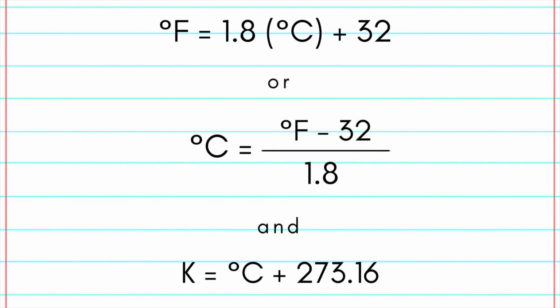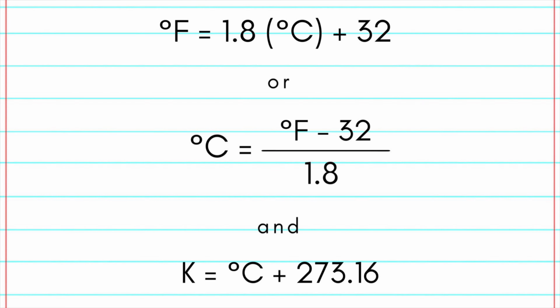These are the formulas that can be used to convert one temperature scale reading to another. Degrees Fahrenheit is equal to 1.8 times degrees Celsius reading plus 32. Or this can also be expressed as degrees Celsius is equal to degrees Fahrenheit reading minus 32, the result of which will be divided by 1.8, and degrees Celsius plus 273.16 will give us the Kelvin scale reading.